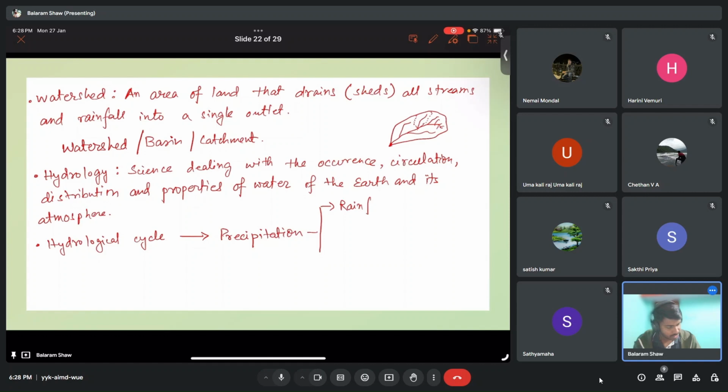It might be solid, it might be liquid, anything. Any form of water coming from the atmosphere to the Earth's surface is called precipitation. Most dominant in our location, it can be rainfall, in the form of liquid. So the dominant part of precipitation is rainfall.